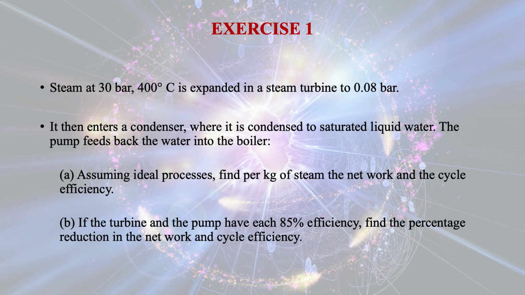A. Assuming ideal processes, find per kg of steam the net work and the cycle efficiency. B. If the turbine and pump have each 85% efficiency, find the percentage reduction in the net work and cycle efficiency.